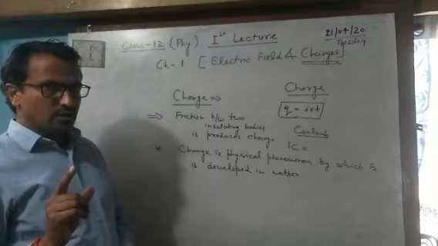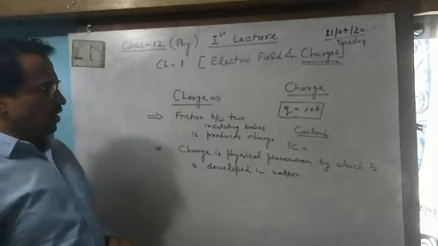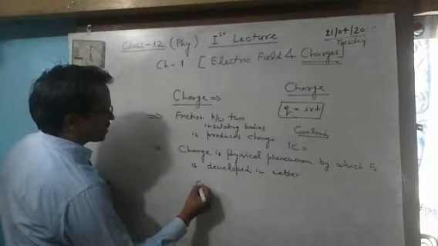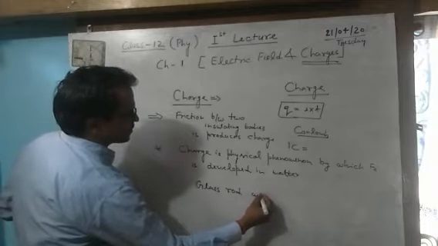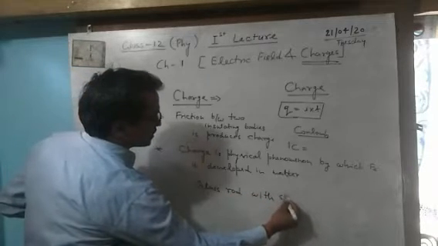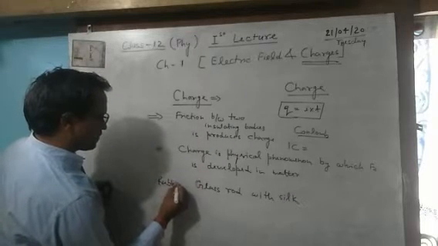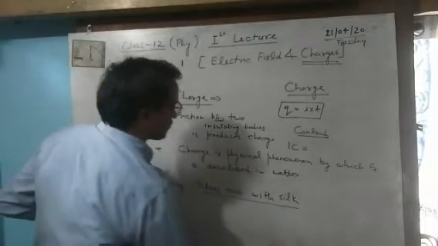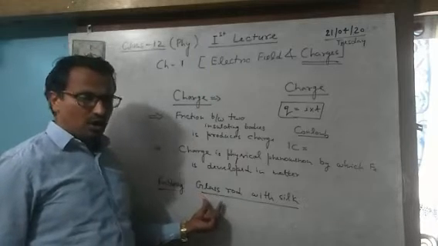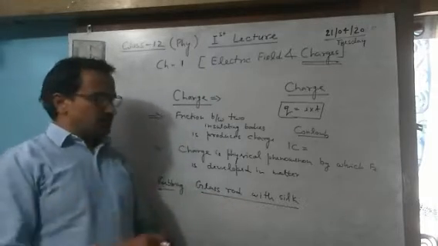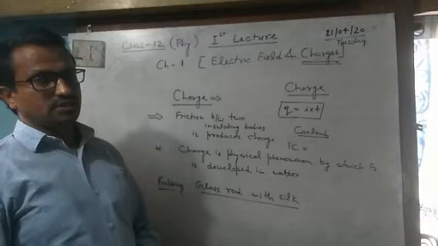When we rub a glass rod with silk, after rubbing, glass rod has acquired one type of charge and silk cloth acquired another type of charge.